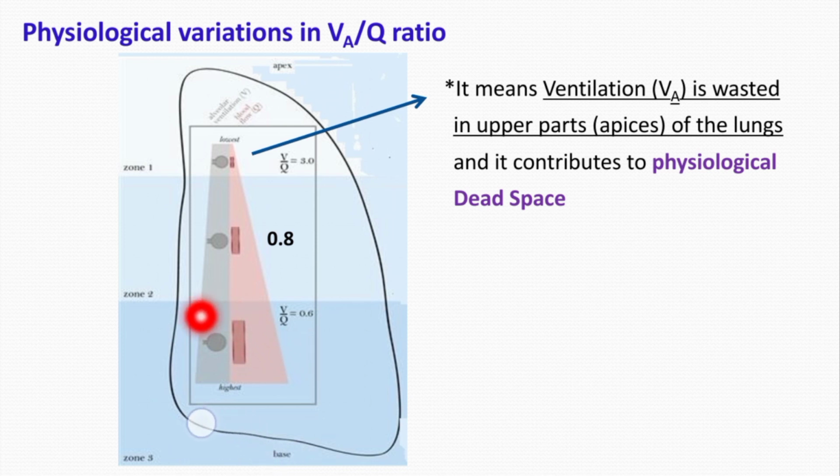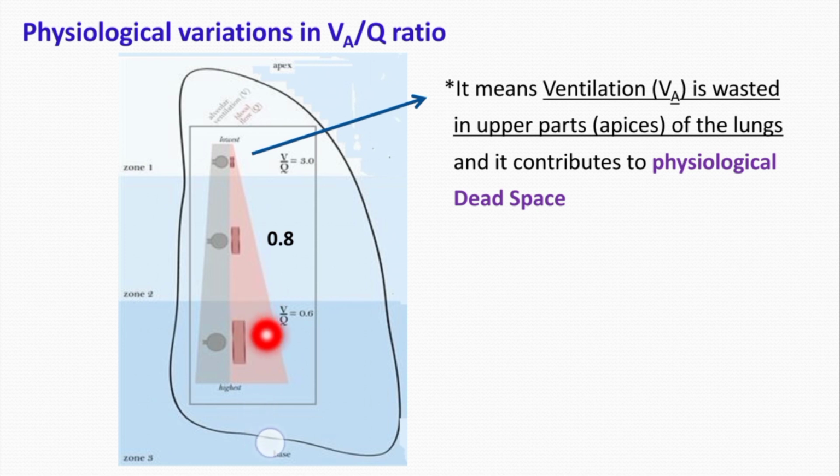Now let us see what happens in the lower part or base of the lung. Here again, due to the effect of gravity, the ventilation and perfusion both become more than normal, or you can say both become more than the middle zone of the lung. But the perfusion or blood flow increases much more than the ventilation. So if again we talk about the formula, then the denominator here becomes much more than the numerator.